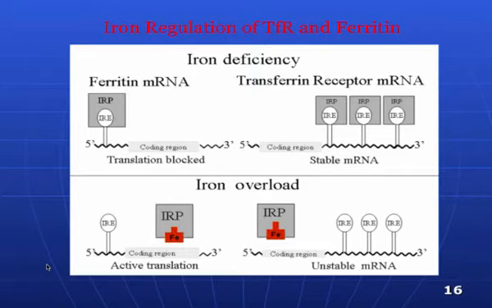So in iron deficiency, should transferrin receptor levels go up? They should, and they do because of this. The transferrin receptor mRNA is protected from degradation, and that allows more translation to occur. See the difference? There's no IRE here, so translation's not being inhibited.